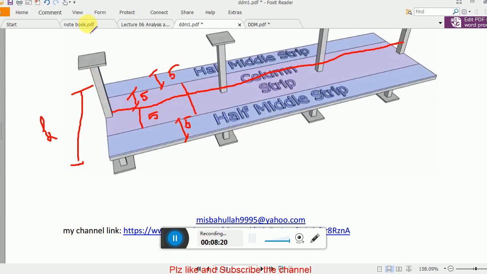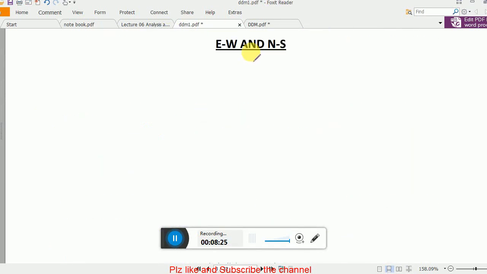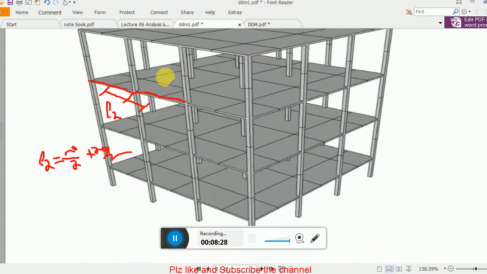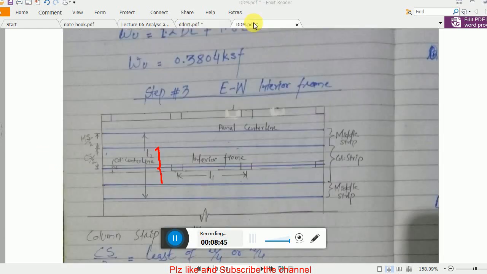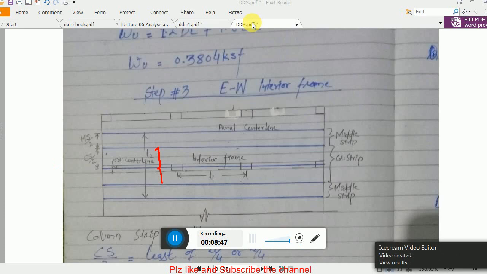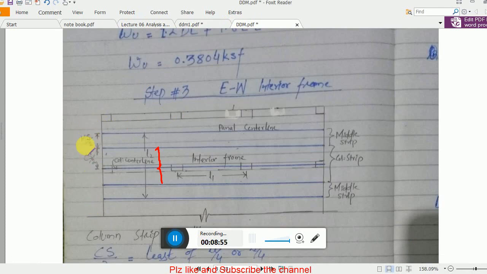Okay, if the panel widths are different, like you see here in this case, let me show you. Let's say this panel width is 15 feet and this panel width is 20 feet. Then the calculation will be different. Remember, this middle strip will be different from the middle strip on this side. So you have to remember these things. Here we are using the simple calculation; we say that the panels are at equal distance.